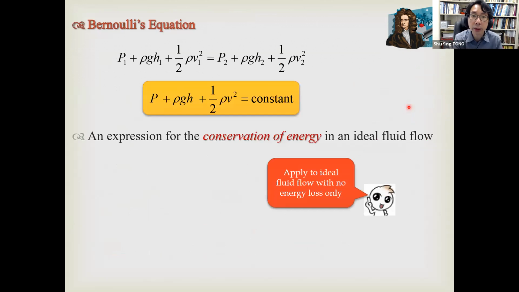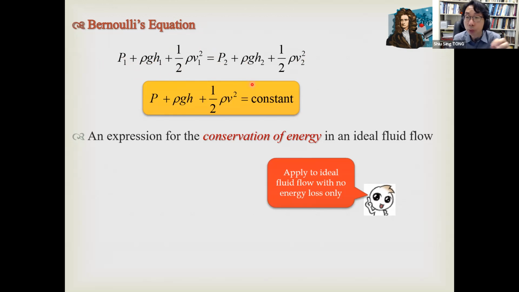What I get is: P1 plus rho g h1 plus half rho v1 squared is equal to P2 plus rho g h2 plus half rho v2 squared. So it means this combination of quantities is conserved along the field line.